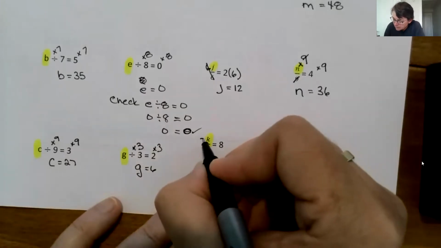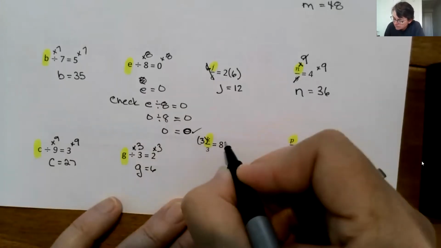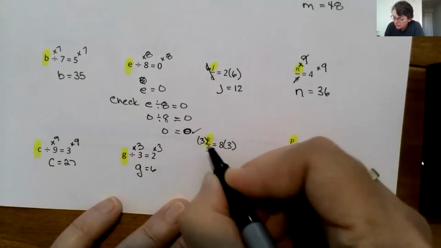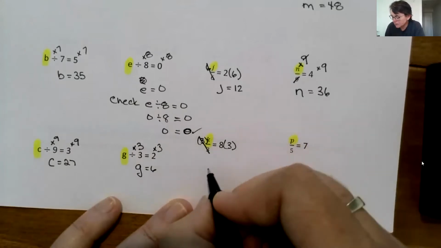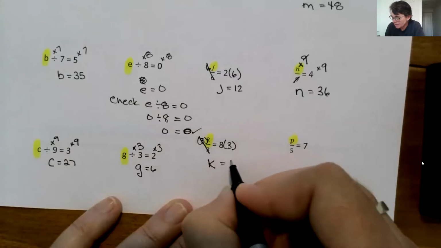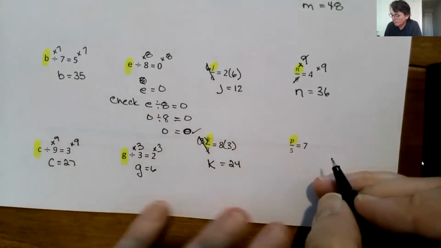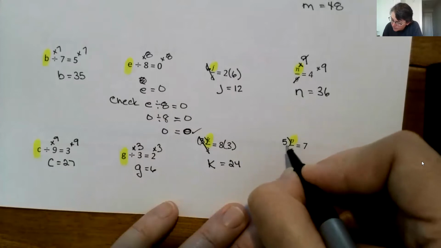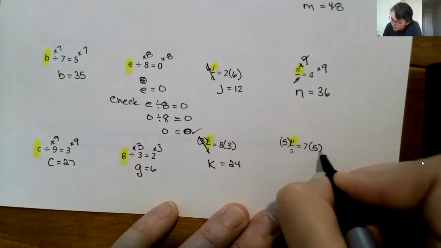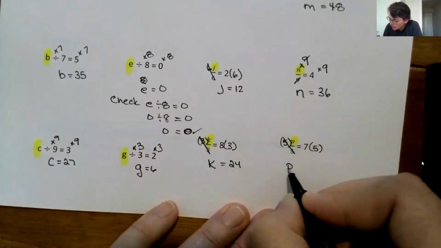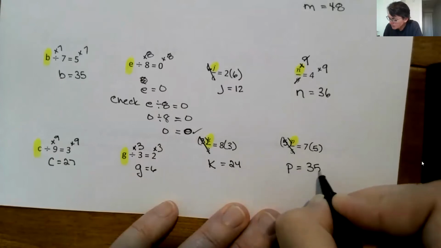Now I'm going to go back to writing them this way. And my brain says that cancels out, which leaves me with just plain old K is 24. And 5 there, 5 there. Those cancel. P is equal to 35.